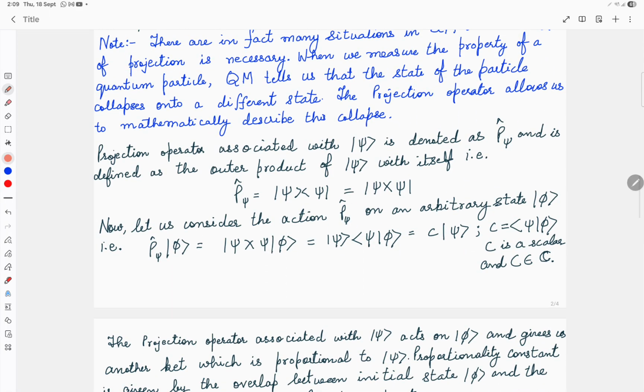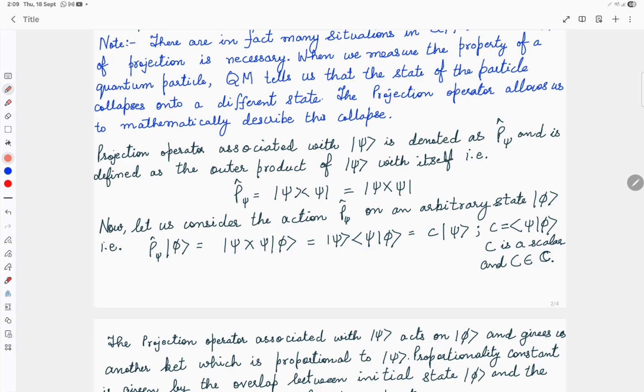Now the projection operator associated with ket psi is denoted as P cap with subscript psi, and is defined as the outer product of psi with itself. Right. So this is the projection operator. Now let us consider the action of this projection operator on an arbitrary state.